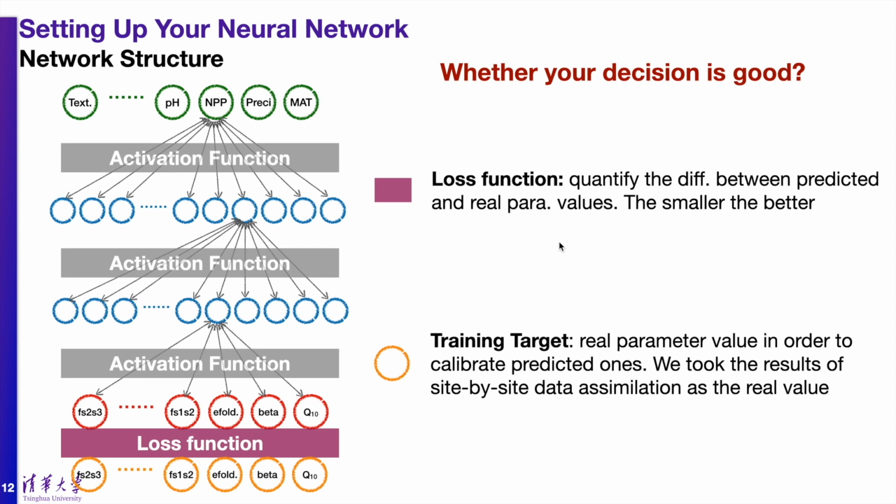We therefore need a loss function in training the neural network. The loss function is very similar to the cost function in the MCMC algorithm, as mentioned in lecture 6.2. It will quantify how different the predicted parameter values are from the real parameter values. And of course, we use the results of site-by-site data assimilation as the training target.